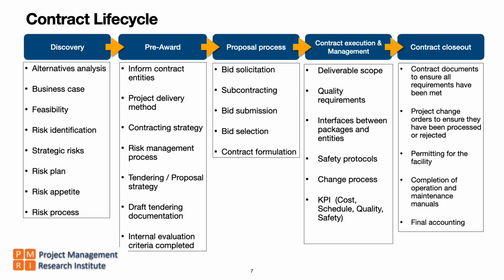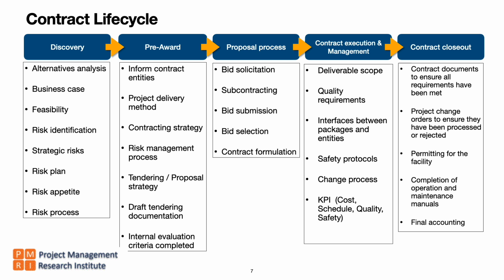The associated civil work must be completed. So there is a need for a lot of collaboration or interface management when multiple trades or crafts have to shake hands at some point, the interface between packages and entities becomes very important.